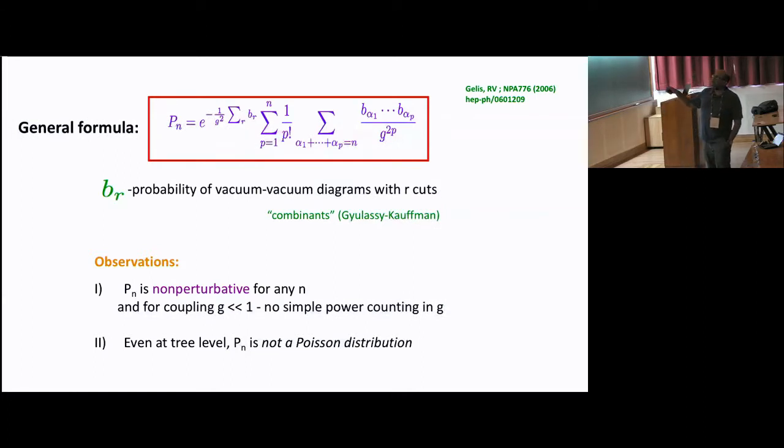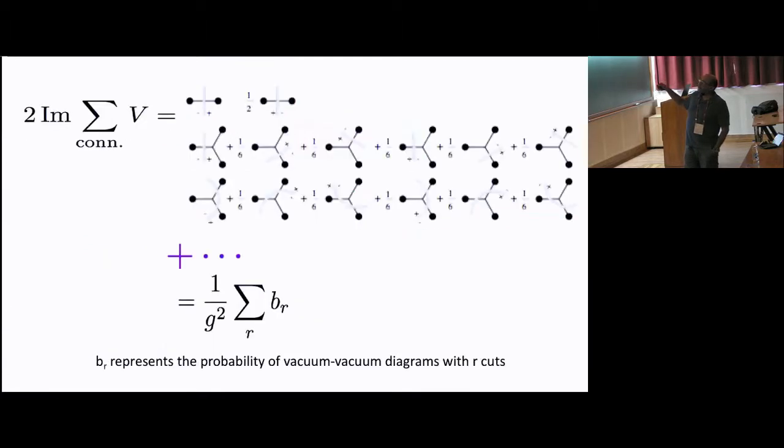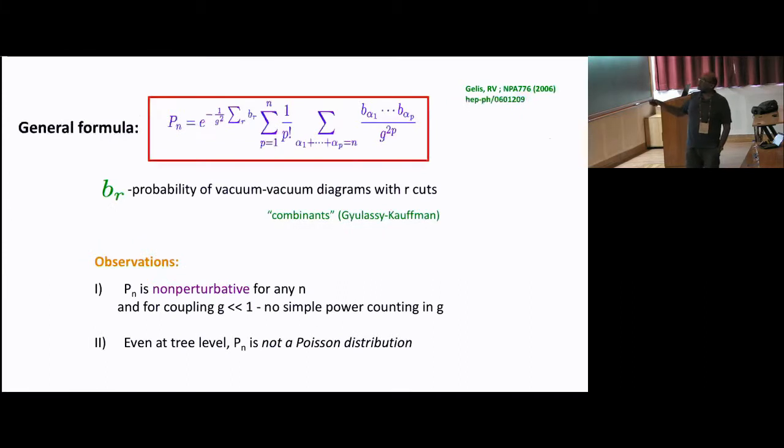But in our case, we were dealing explicitly with strong fields, and they weren't doing that. So one can derive such a formula entirely in terms of these B's. But remember, B's are the probability for cutting these vacuum-to-vacuum graphs a certain number of times. So B sub R is saying you cut such a graph R times. You just do the combinatorics. It's just a simple problem in combinatorics, and this is what you get.